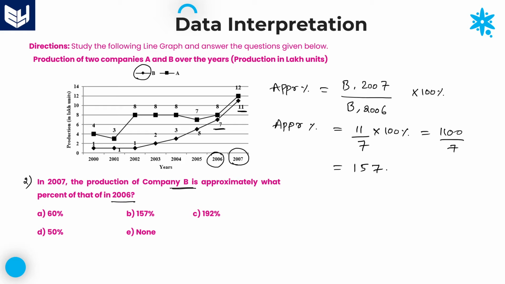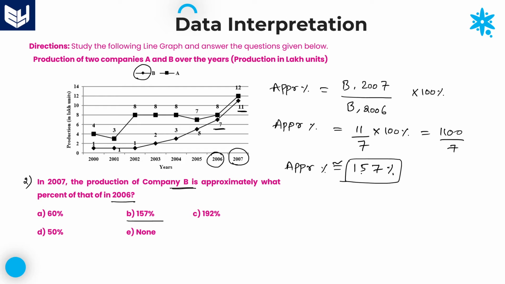After the decimal point, no need of taking that value. Why? Because among the options you are having 157, right? So approximately, it is not the exact answer. 157 point something is the exact answer, but you don't want those decimal points. You want the answer up to the nearest integer, which is 157 percentage.